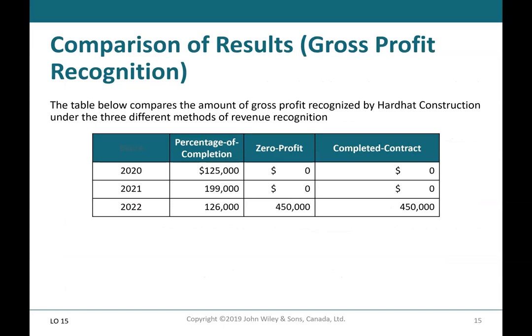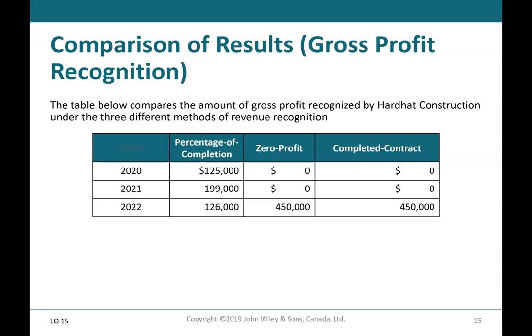Comparison of results, gross profit recognition. The table below compares the amount of gross profit recognized by Hard Hat Construction under the 3 different methods of revenue recognition. In 2020, under percentage of completion, we recognized 125,000; zero profit and completed contract, 0.